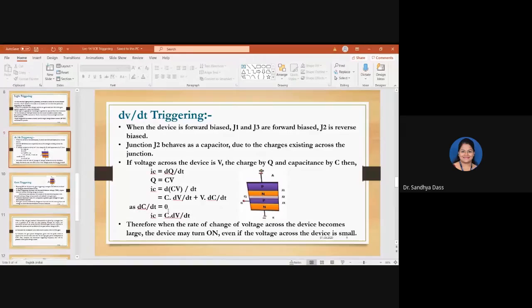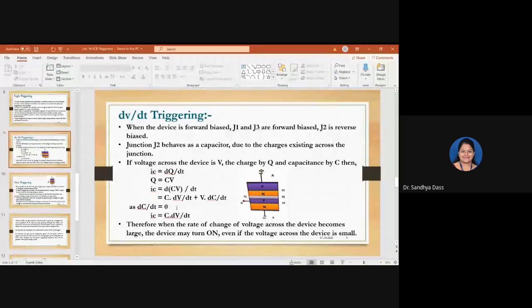It's not exactly 0, but it is very small. The rate at which the width of the depletion region is changing, and therefore the rate at which the capacitance is changing, is negligible.